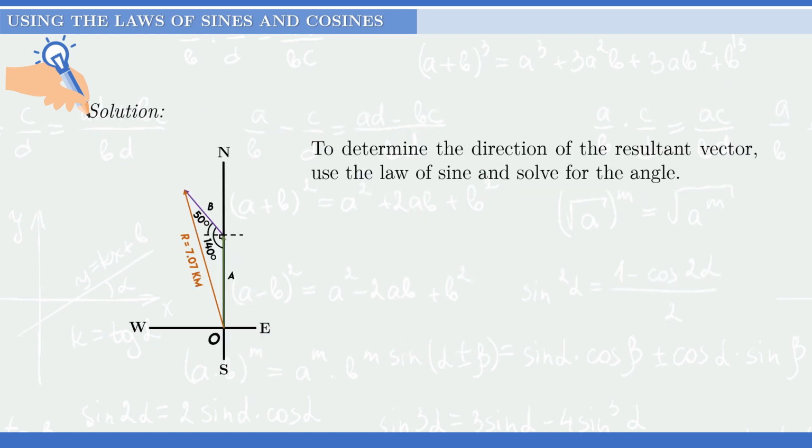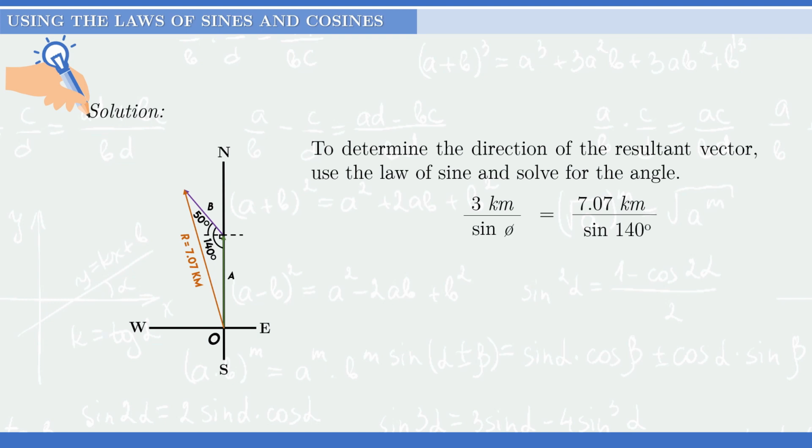We now determine the direction of the resultant vector using the law of sines. We have 3 kilometers over sine phi is equal to 7.70 kilometers over sine 140 degrees.